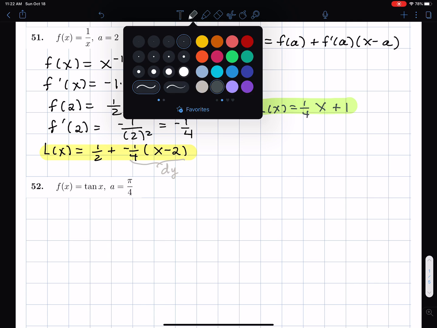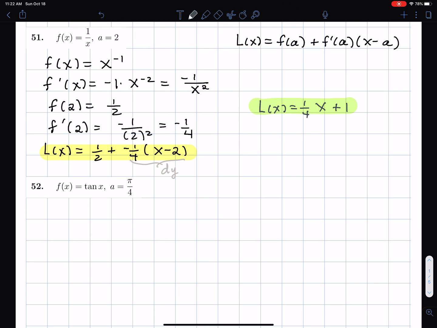All right. So again, using the same formula, I have f prime of x equals secant squared x. Now, if I plug in a, which is pi over 4, I'm going to have tangent pi over 4 that I need to find. That's f of a. We can just either memorize that or refer to a 45-45-90 right triangle.